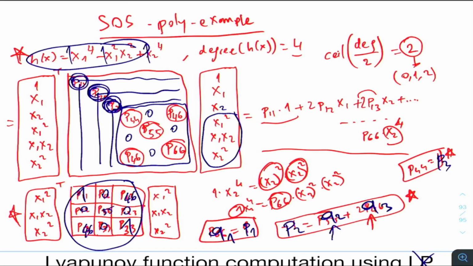In that case, for example, q1 is just p3. You don't have any degrees of freedom from this constraint. And here q1 is p1, so again no degrees of freedom.